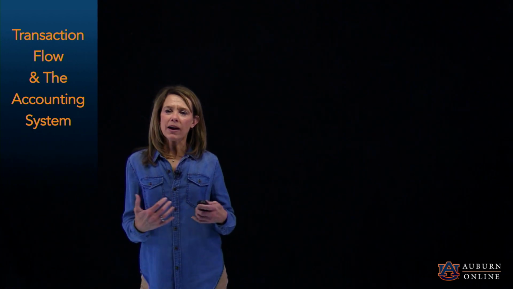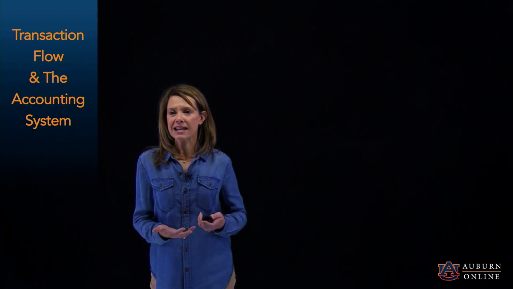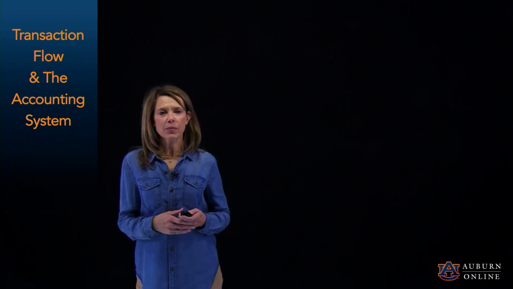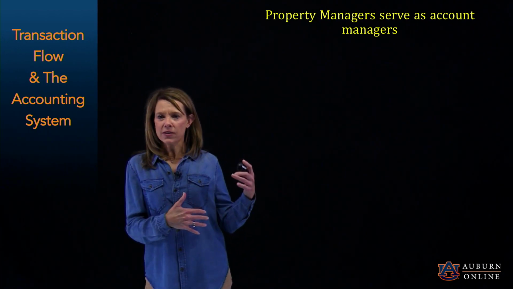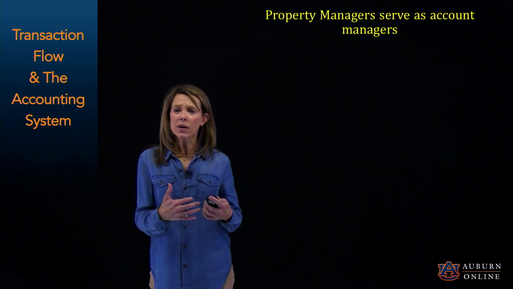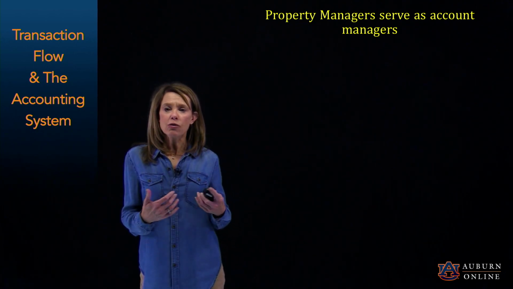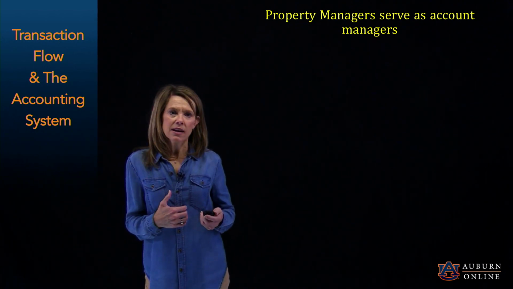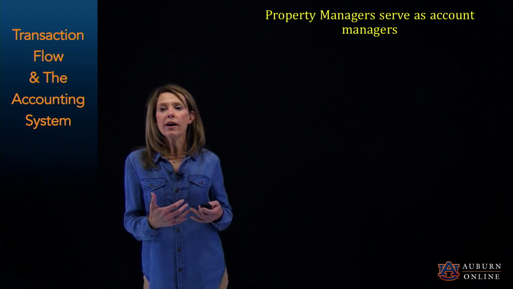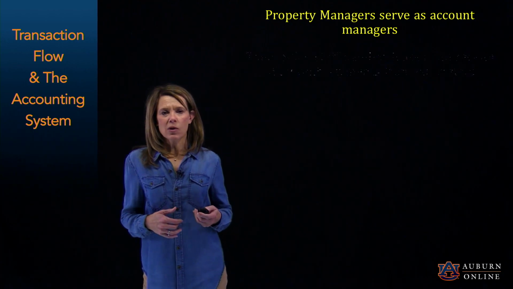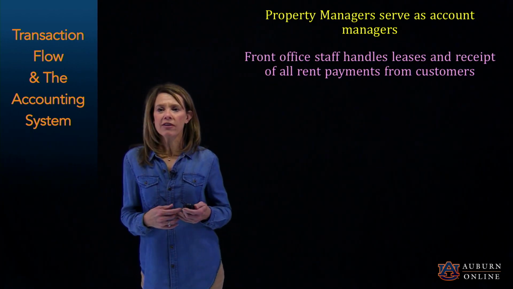Okay, so let's talk about how all these personnel fit together in getting things done for the property management business. We have the property managers who are at the top of the organizational chart, and they're really the ones driving the activity. They're overseeing the activity related to these properties that they manage, and there's a team of people who are helping them get all of that work done. And the first group is the front office staff, right?